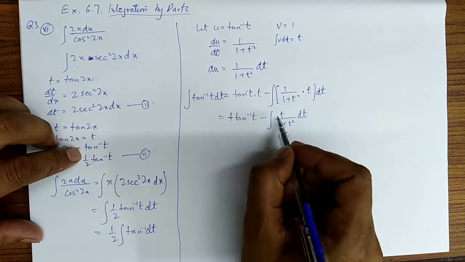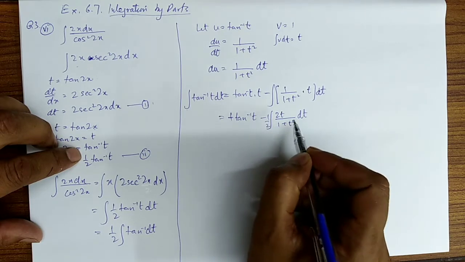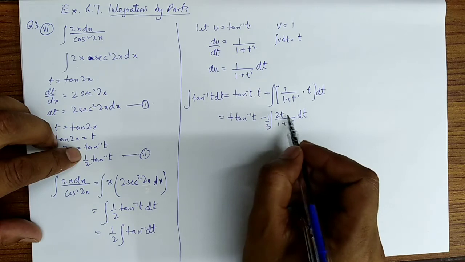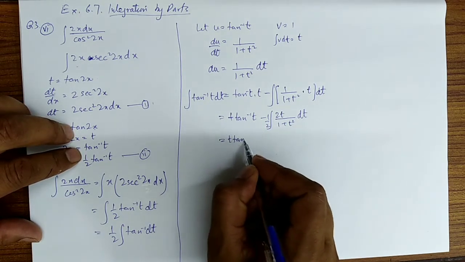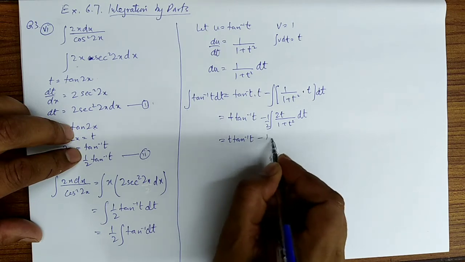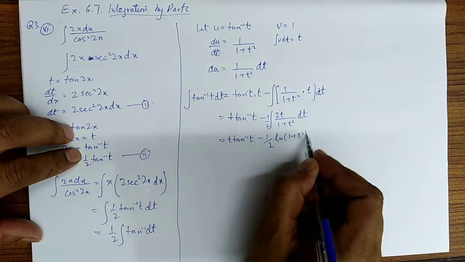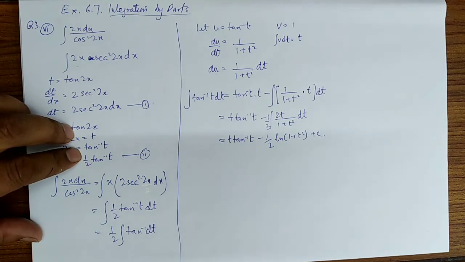So if we multiply and divide this part by 2, we have the function as well as its derivative in the numerator. So we can write this as t tan inverse of t minus 1 upon 2 ln of 1 plus t square plus c, right? So we have this function in terms of t now.